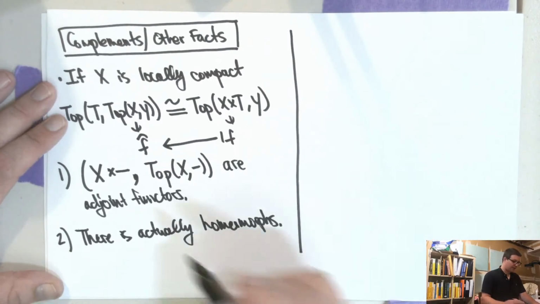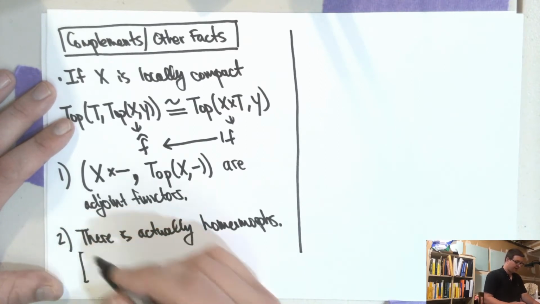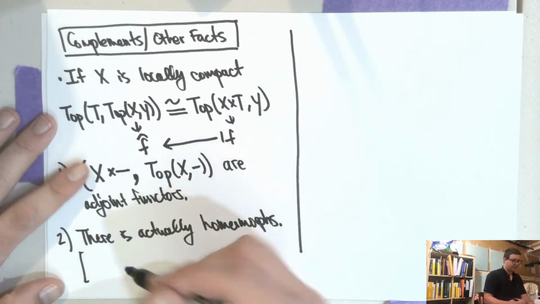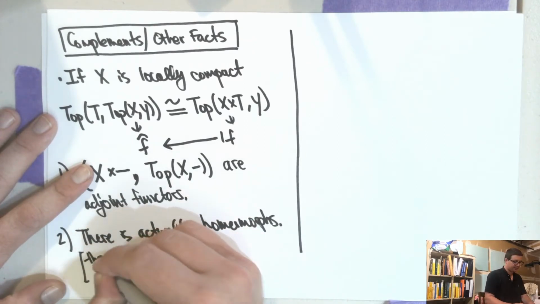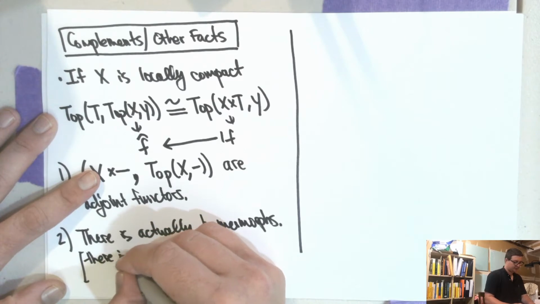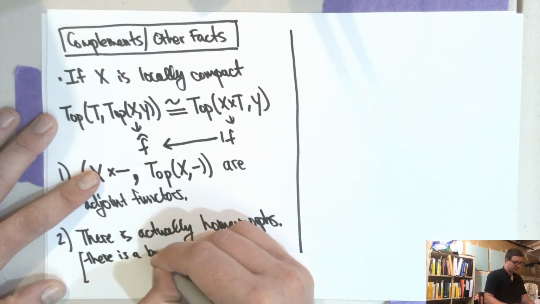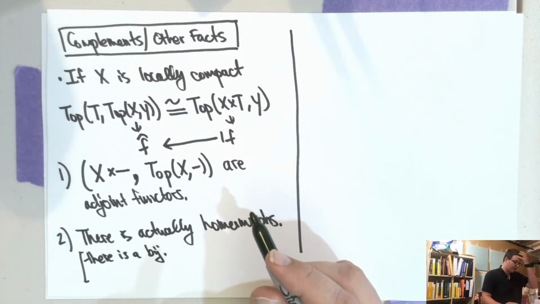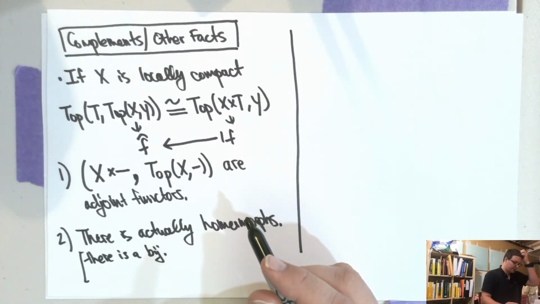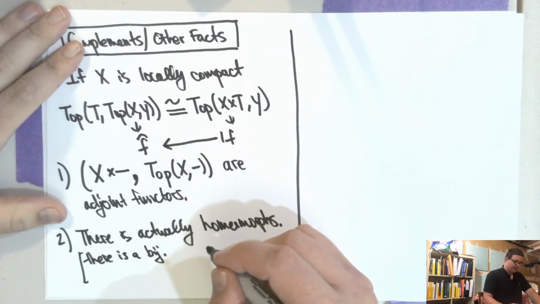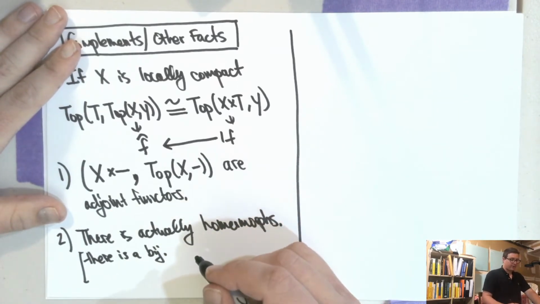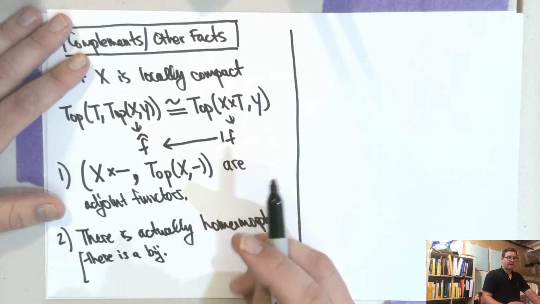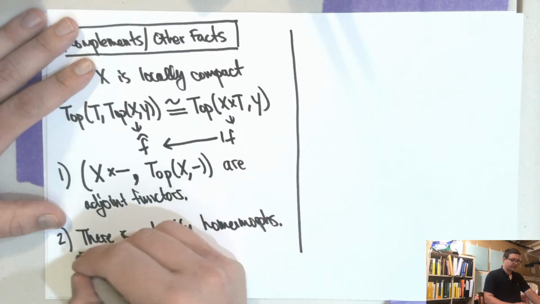I just want to make a little remark here: we've shown that there's a bijection. That's what we essentially did. So we want to fit this into the framework where the bijective continuous maps are homeomorphisms.